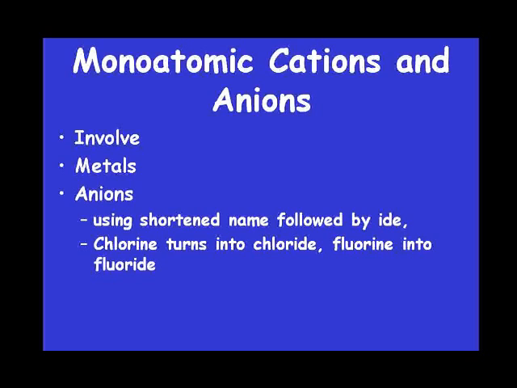When we talk about anions and cations, one of our first types is monoatomic. Okay, the prefix mono involves only one atom. We have the metals, which recall are the positive ions, and the anions, which are the negative ions. When we're naming these, our metals will always retain their name.